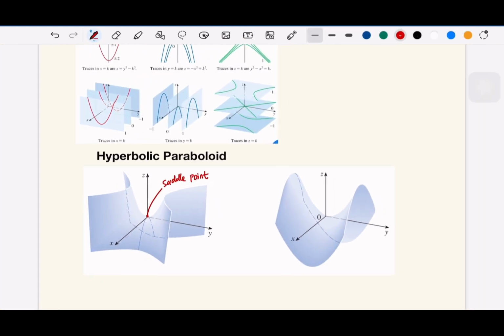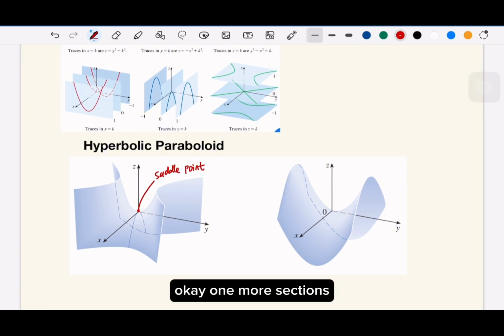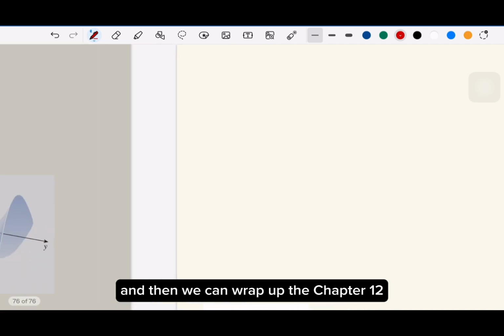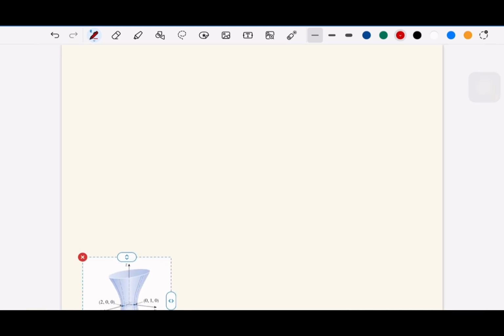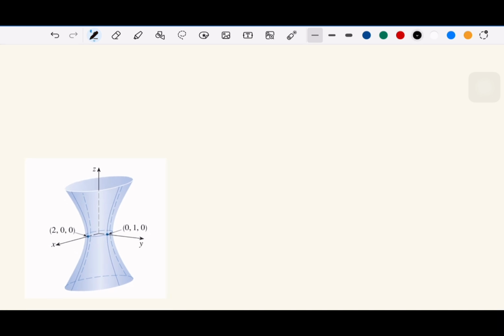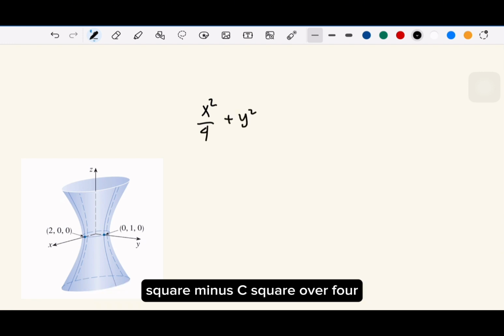One or two more sections, and then we can wrap up chapter 12. The last one, let me just give you the formula. This is the surface x squared over 4 plus y squared minus z squared over 4.